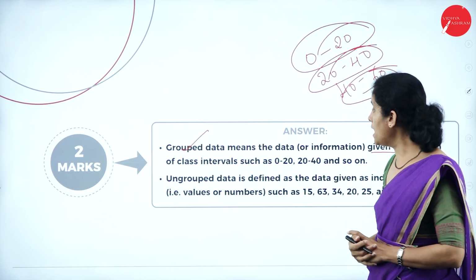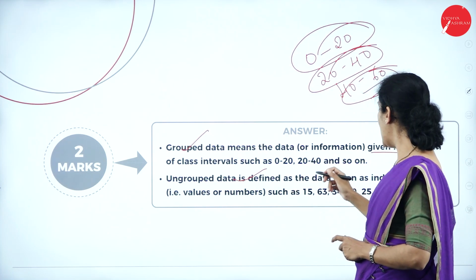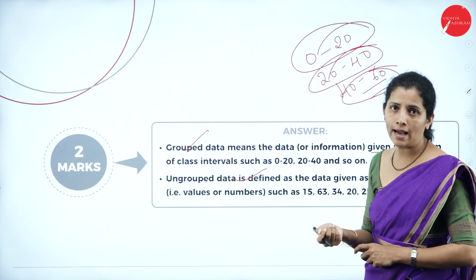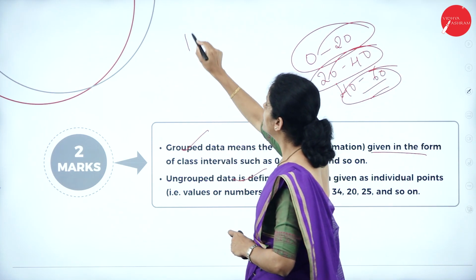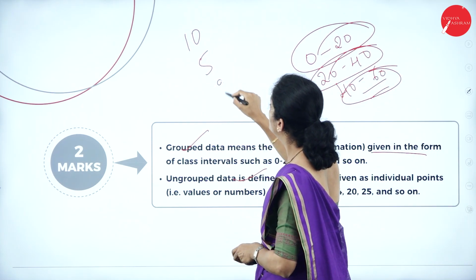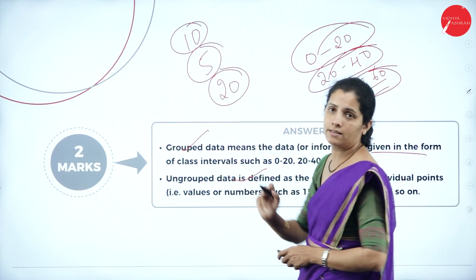Then what about ungrouped data? The data is defined as individual values or individual elements. For example, 10, 5, 20. These are the individual elements.